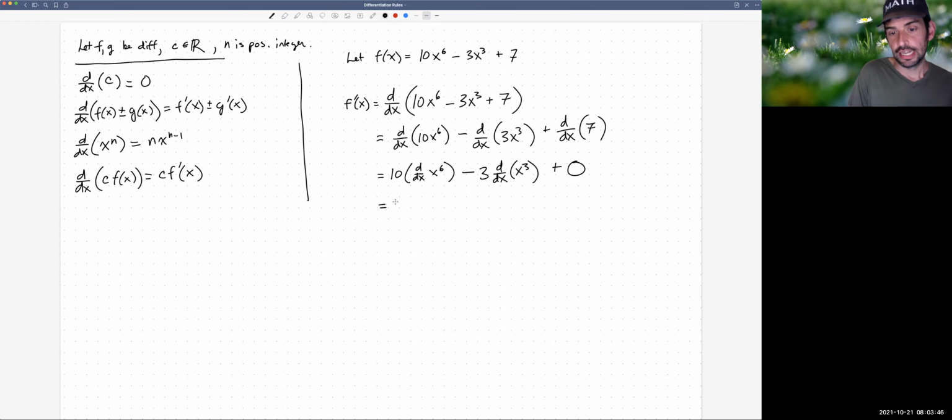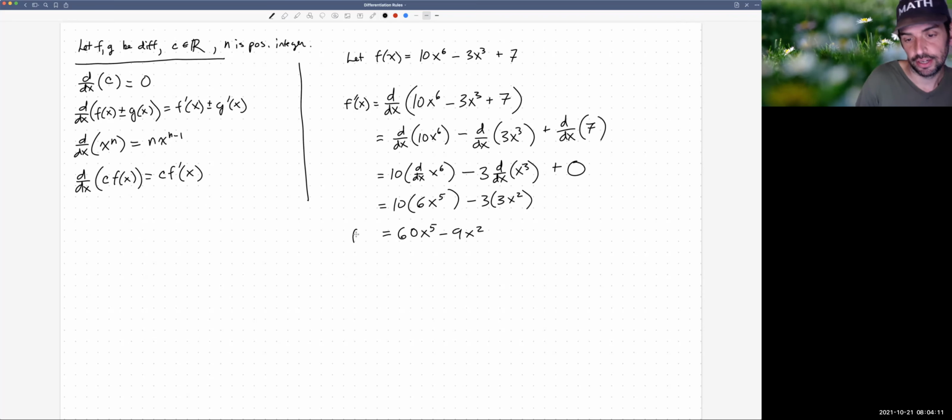Okay. Now I'm going to apply my power rule inside these parentheses. So for x to the 6th, that exponent comes down front, and the exponent left behind is lowered by 1. Same thing happens here. The 0 we don't need to worry about. And now I simply multiply these constants together. So I get 60x to the 5th minus 9x squared. And this is f prime of x.